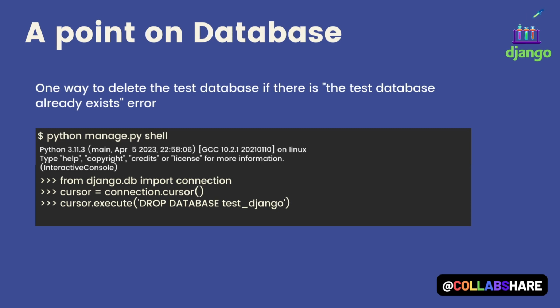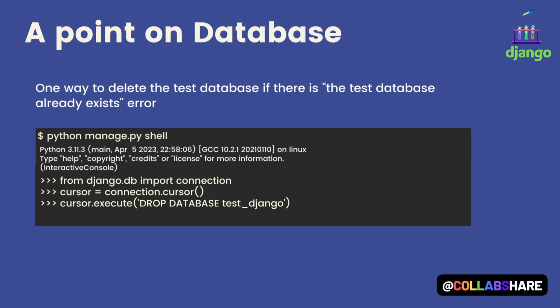And the test database has a name: test underline the name of your actual database. So if your actual database name is Django, your test database will be test underline Django.